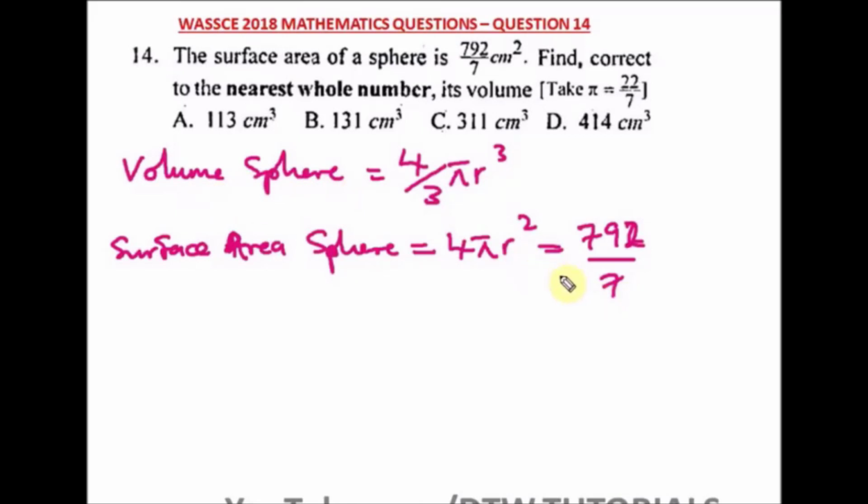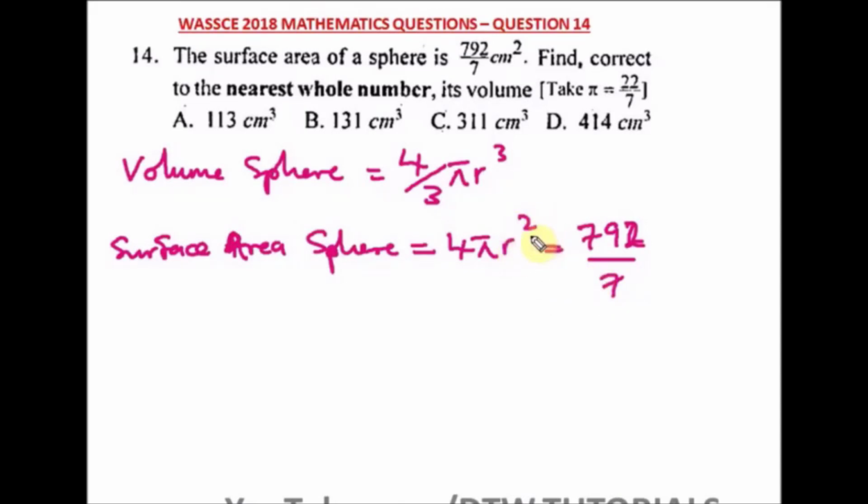So from here we have 4 pi r square equal to 792 divided by 7. To get the value of r, let us cross multiply, then divide both sides by 4 pi. I hope you remember the change of subject formula.